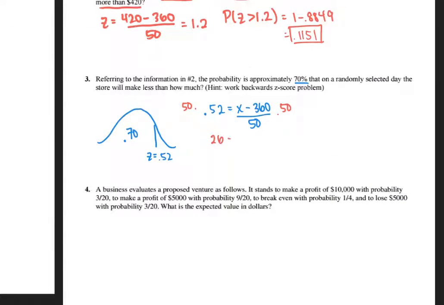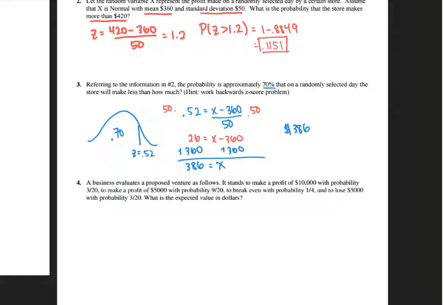So we have 26 is equal to x minus 360, and now we're going to add 360 to both sides. So this is going to be 386. So in context, I'm going to say the probability is approximately 70% on a randomly selected day the store will make less than $386.